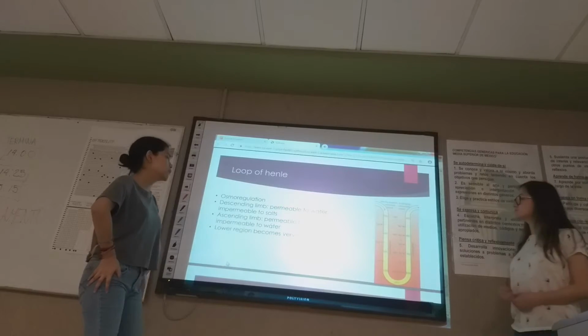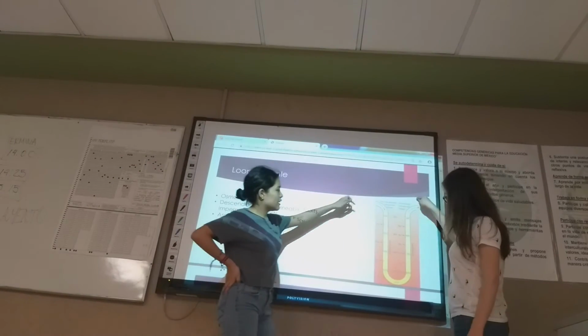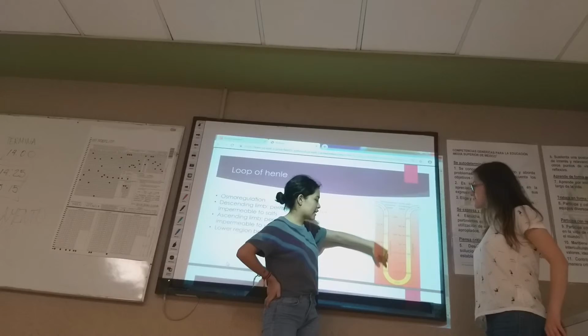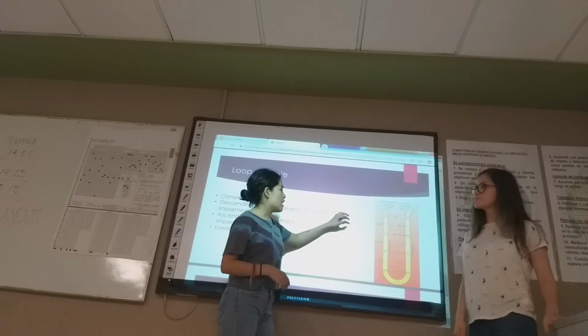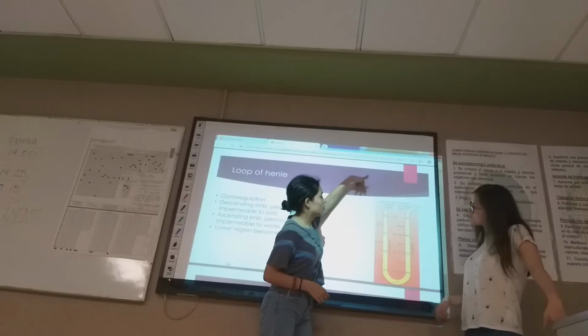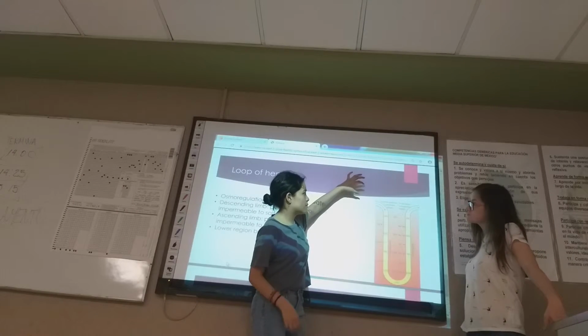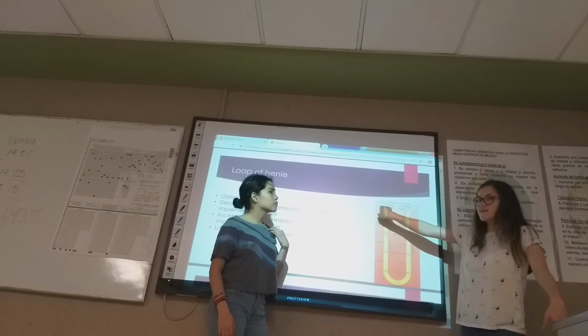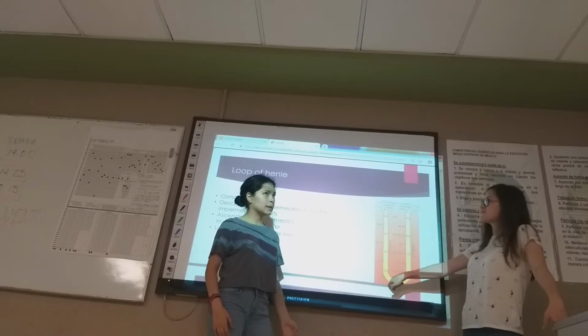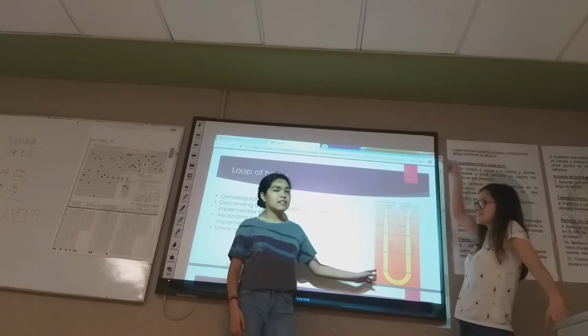Next, the loop of Henle. As you might see, it is in the form of a U, and the urea passes from the proximal convoluted tubule up to the loop of Henle. It is divided into the descending limb and the ascending limb.